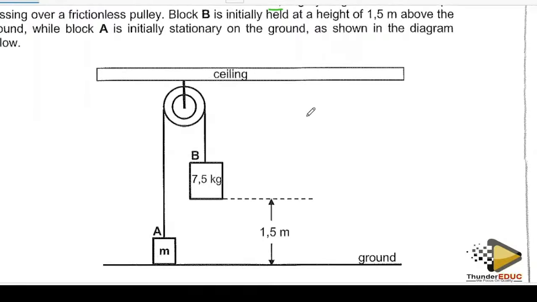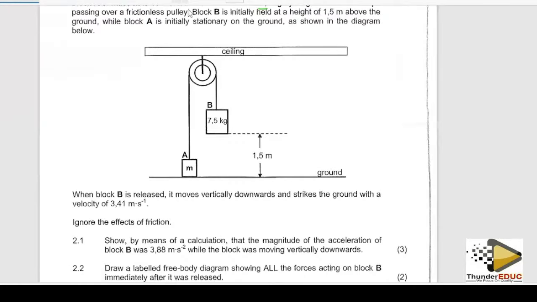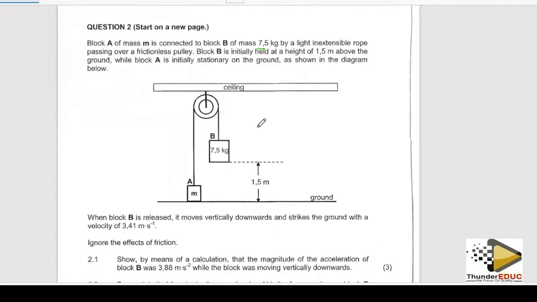We have a height of 1.5 meters above the ground, and so on. Let me just try to decrease this so that we can see the entire question. I think that's much better. This is our height.